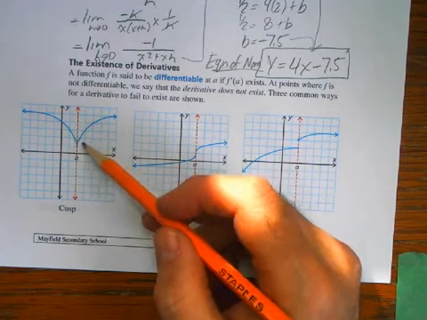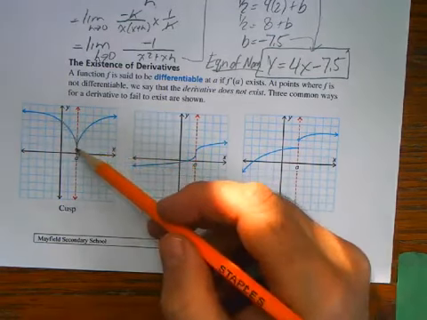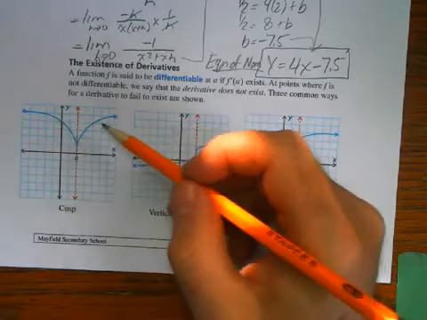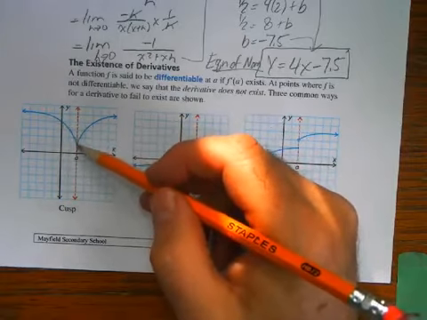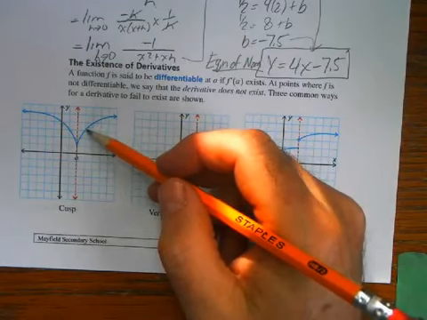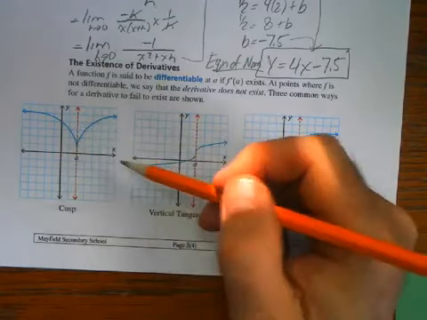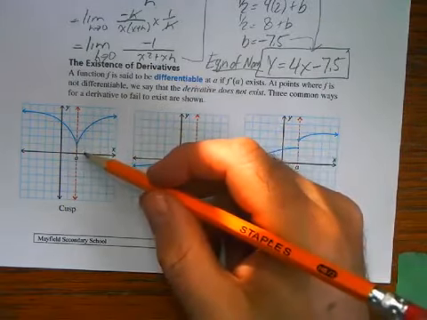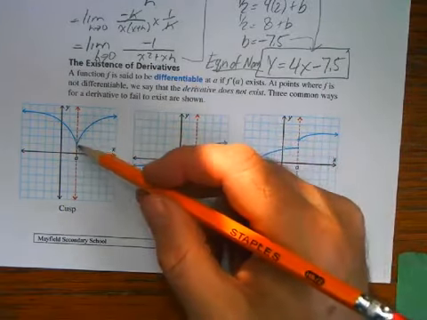We call this a cusp. It's almost like a pointy part, like a little mountaintop or a valley, where it's not a smooth transition. In the next example you'll see why this isn't differentiable. For now, this is a new thing called a cusp.